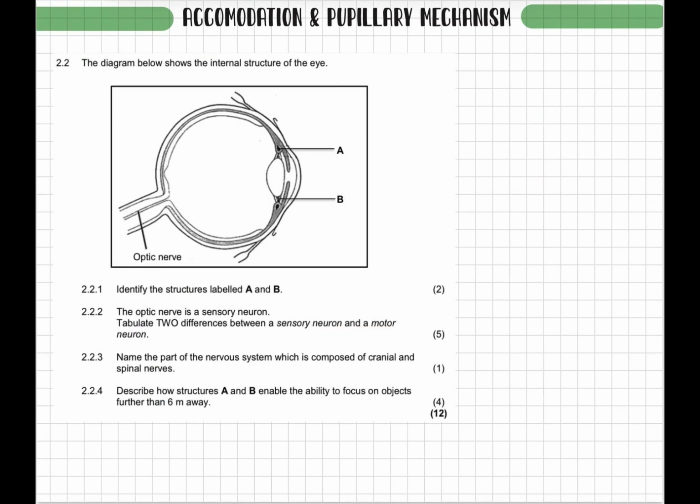It says here the diagram below shows internal structures of the eye, and we can see A and B are labeled as well as the optic nerve. We first label part A as the ciliary muscle, and part B as the suspensory ligaments.